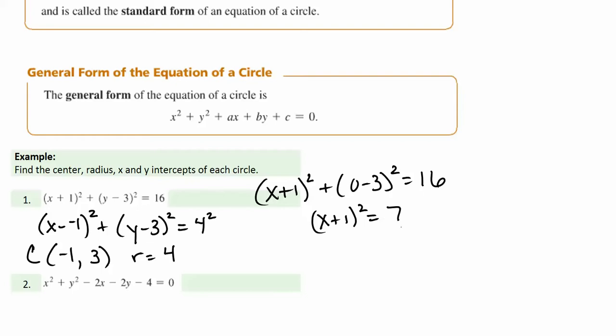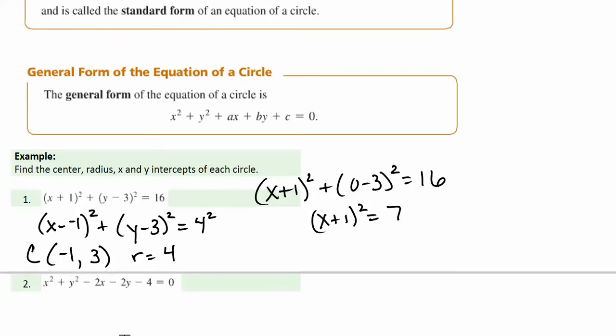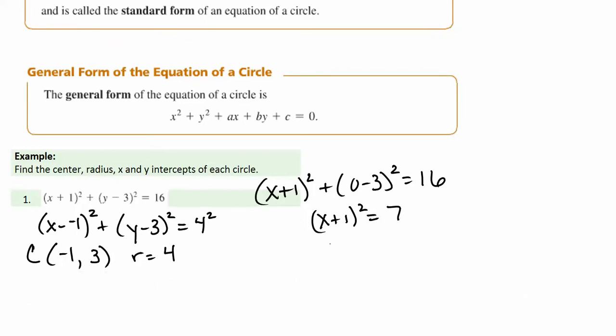Now, you can actually solve this with the principle of square roots because you can undo this squaring right now. You don't have to expand that out or anything. So this is going to make x plus 1 equals plus or minus the square root of 7. So x equals plus or minus the square root of 7 minus 1, because I'm just going to move that minus 1 over. So that is your x-intercept.